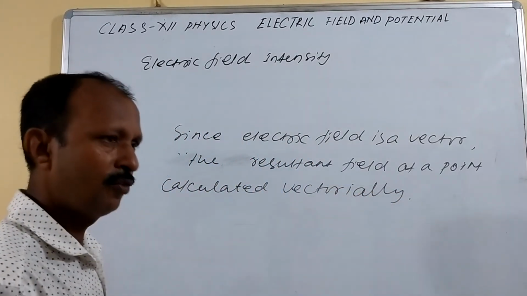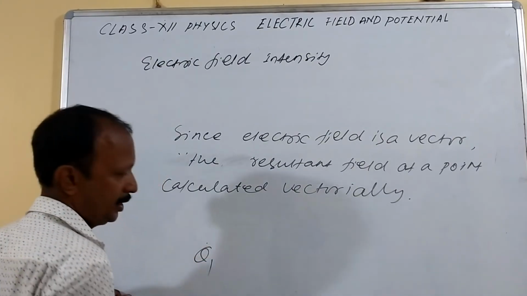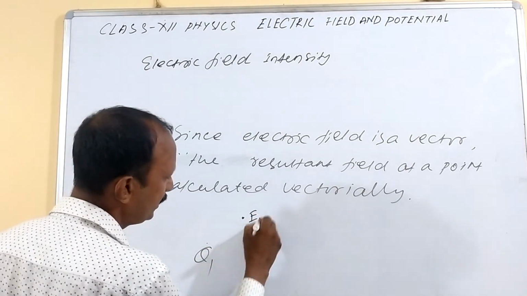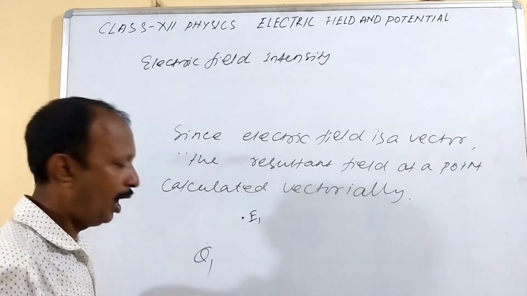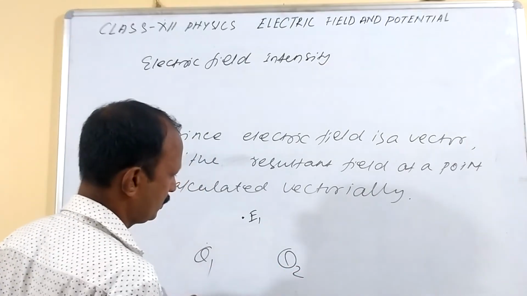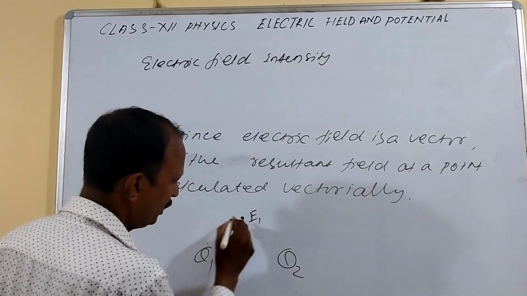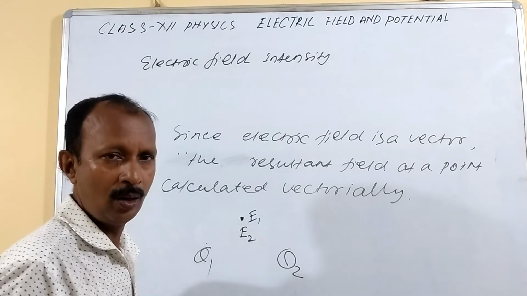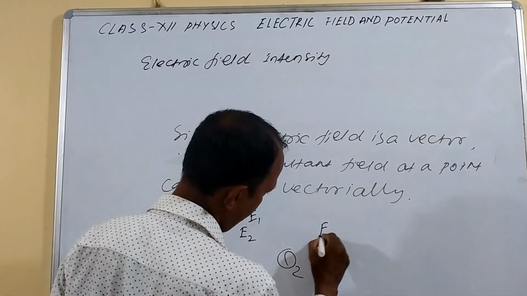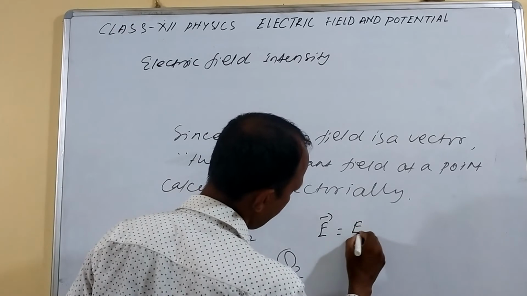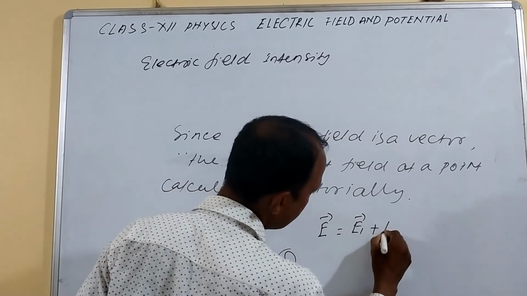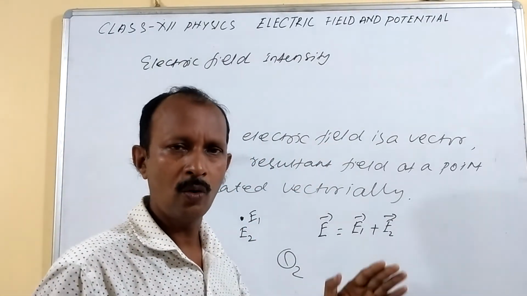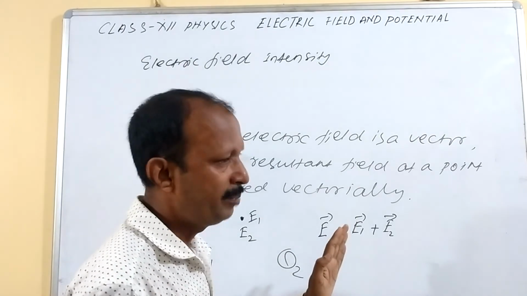For example, Q1 is a charge; due to that one, at this point the electric field is E1, and Q2 is another charge, and due to that at this point the electric field is E2. So the net field E is equal to E1 plus E2. Since it is a vector, we can calculate it vectorially.